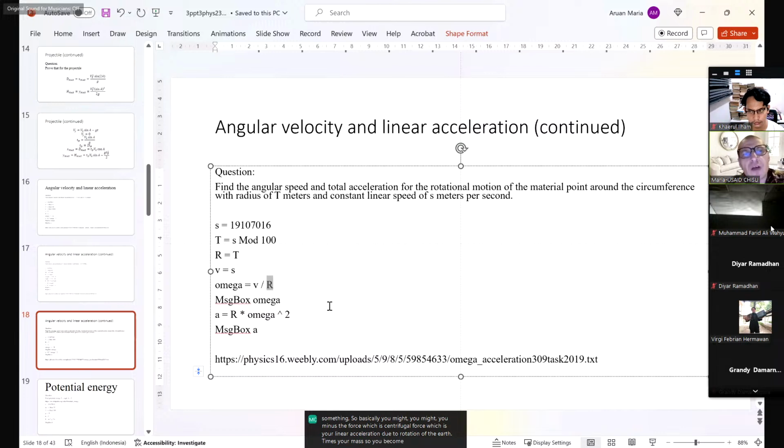So you become less heavy on Earth because of the rotation of the Earth. And not only you, other objects like trucks, trains, and ships.